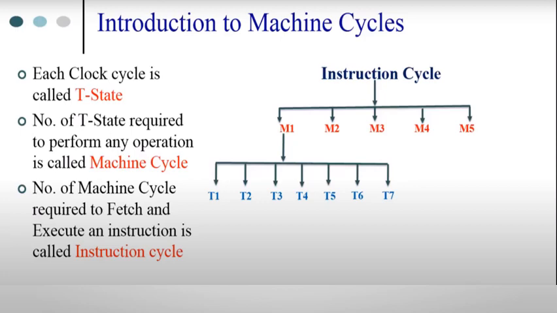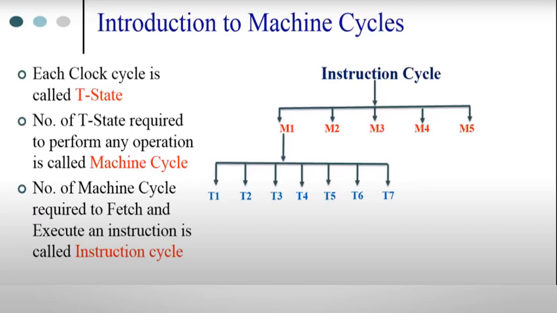Before executing the instruction, the microprocessor has to fetch the opcode or data from the memory, so it will take some time to access the memory. The time required to access the memory or input output device is called a machine cycle, and instruction cycle is nothing but the time required to execute an instruction.